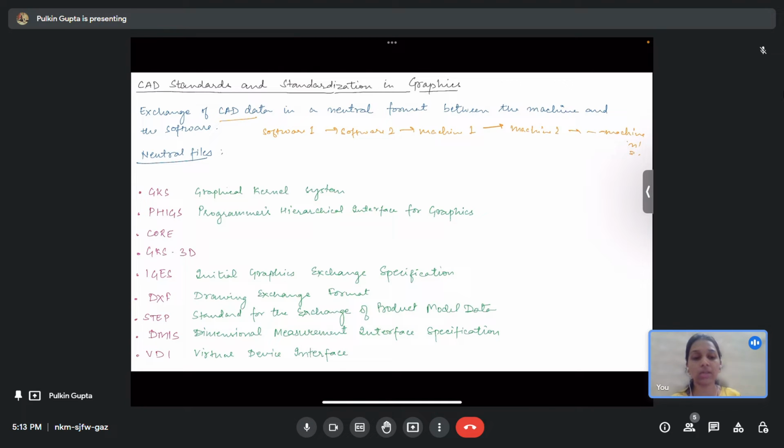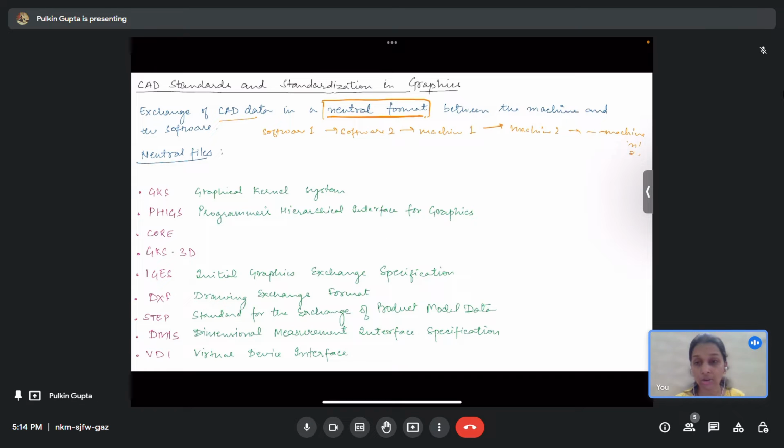You require certain standards so that the format of these CAD files is a neutral one, that is independent of the platform. Okay, so there are certain standards that have been listed out.